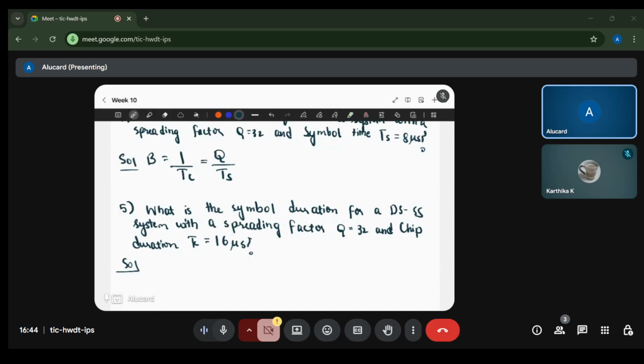Here also, I told you 1 over Tc is Q over Ts. So the symbol duration Ts is Q times Tc.